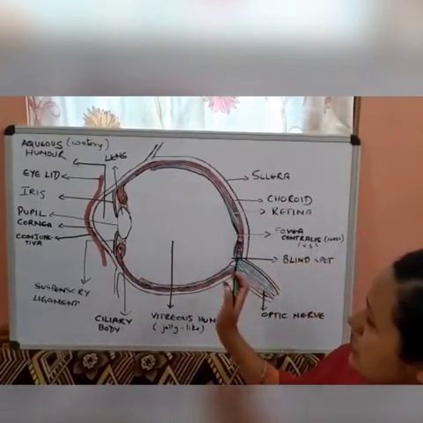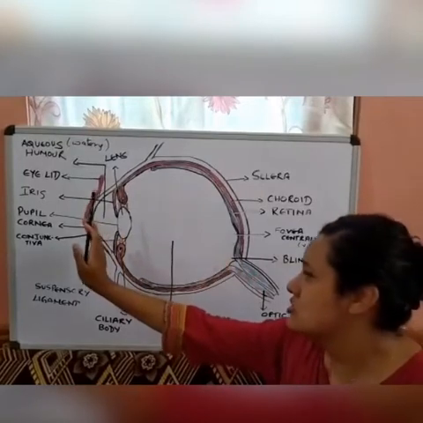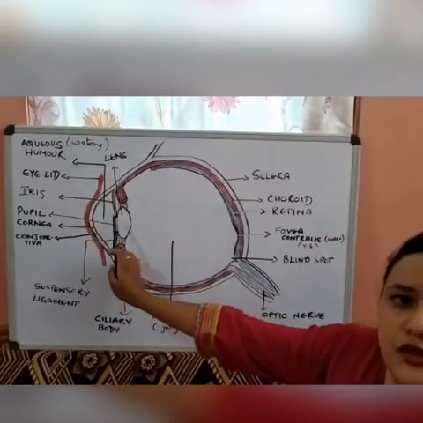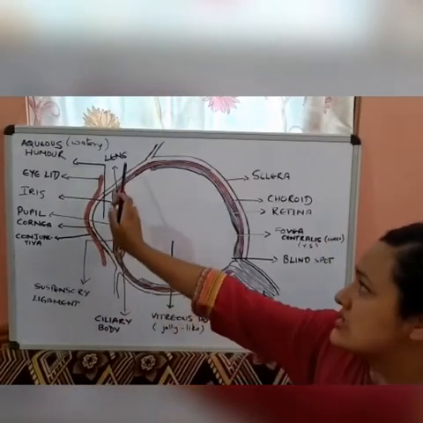Along with this, in the front portion of the eye, you can see a structure suspended there, which is known as the lens.